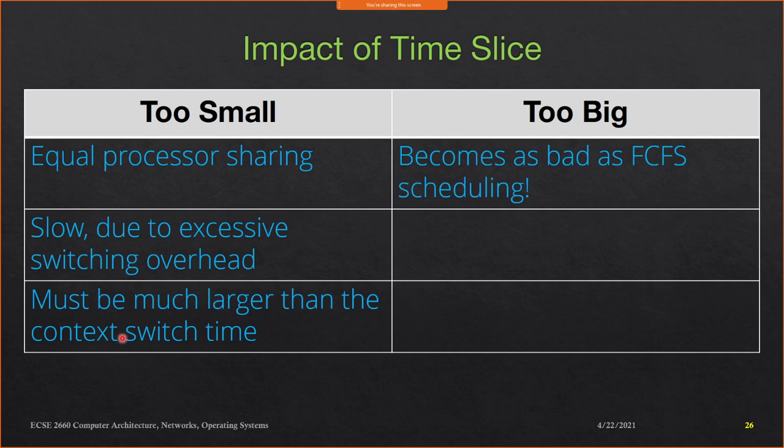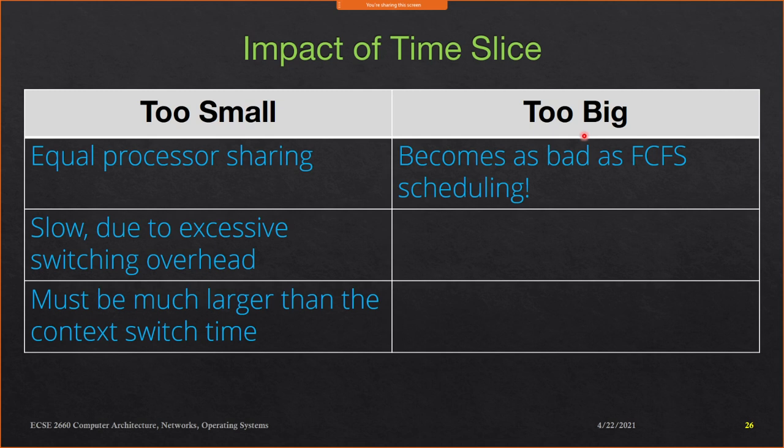Context switch time essentially means how much time it takes for a new process to use the CPU resource after the old process has left that CPU resource. That's the context switch from one to the other. So you would want the time slice to be small, however, it needs to be larger than the context switch time.